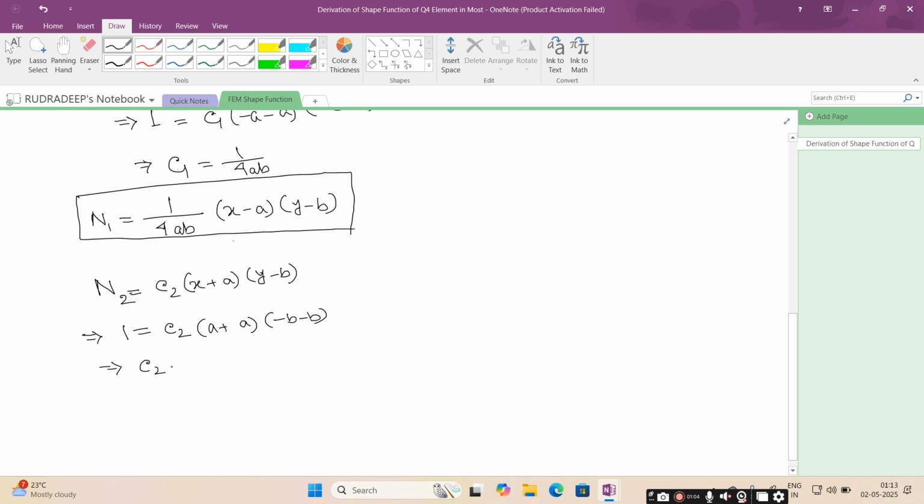So the value of C2 is minus 1 by 4ab. In that way, I will write the value of the shape function N2 is minus 1 by 4ab times x plus a, y minus b, and I will just take this minus inside, so it will be 1 by 4ab times x plus a, b minus y.